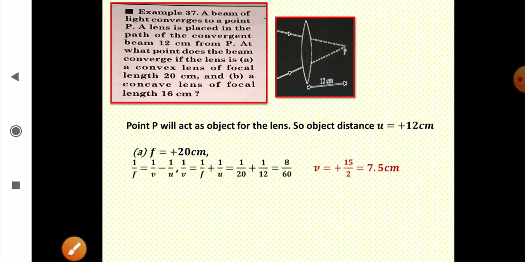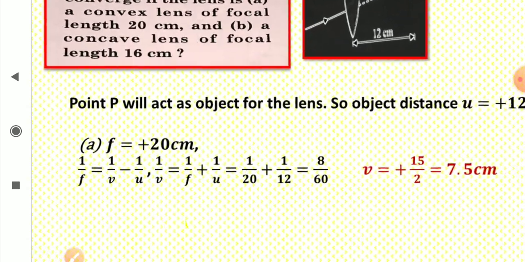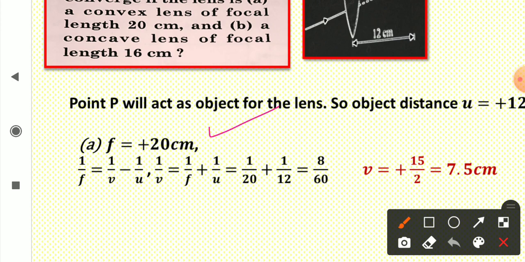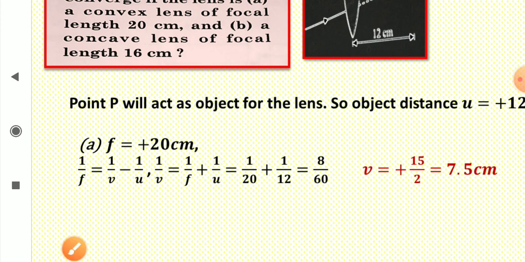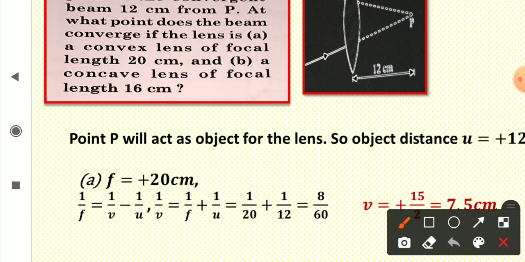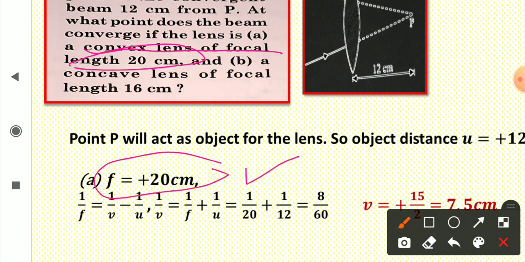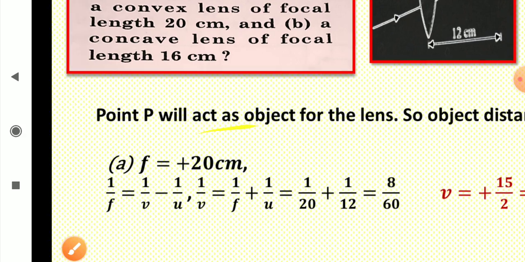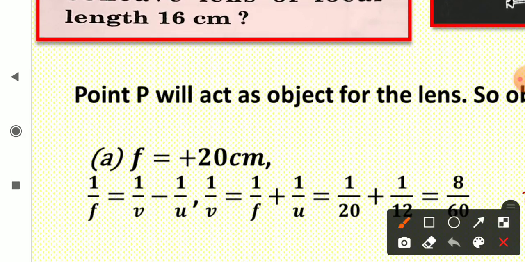And now, using the lens formula, f is plus 20. See, the focal length part A, convex lens of focal length 20 centimeter. So, focal length of convex lens is given as plus 20 centimeter, and the object distance is plus 12 centimeter. So, using the lens formula, 1 upon f is equal to 1 upon v minus 1 upon u, and I want to find out image distance.